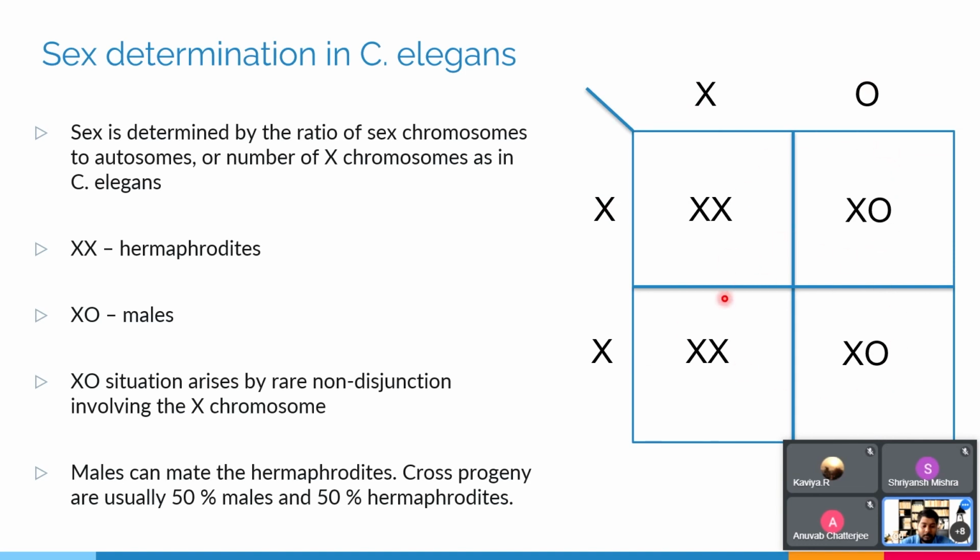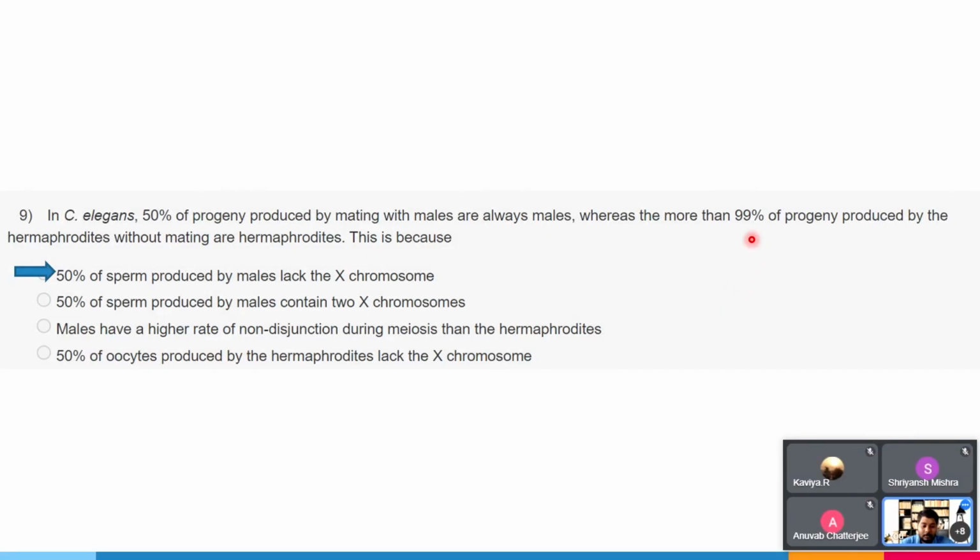So in all the Punnett squares, the progeny will be XX. That is, every one of them will be hermaphrodite. And thus, this explains that 99% of the progeny produced by hermaphrodites without any mating are hermaphrodites, whereas 50% of the progeny produced by mating with males are always males. The reason behind this is that 50% of the sperm produced by males lack the X chromosome.